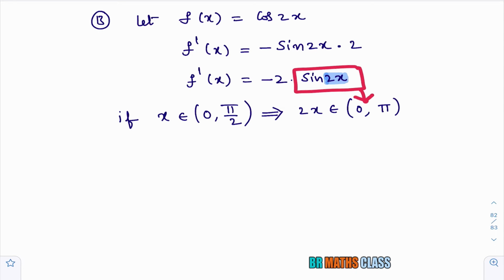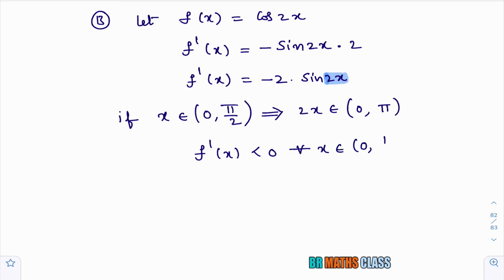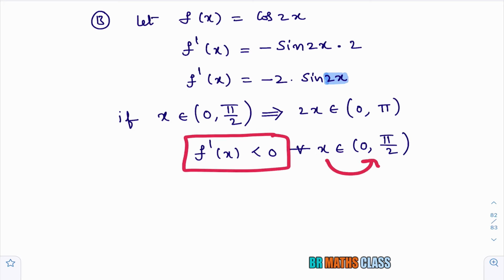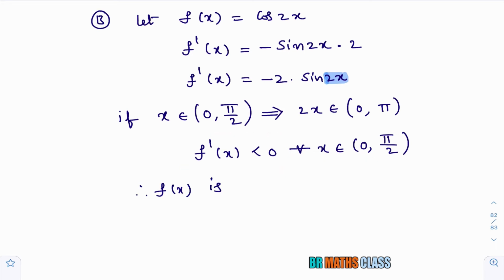As sin 2x is positive, when we multiply a positive number with a negative number, this whole thing will become negative. It can be understood easily. F dash of x is less than 0 for all x belongs to open interval 0 comma pi by 2. As f dash of x is strictly less than 0 for all x belongs to open interval 0 comma pi by 2, I can say that f of x is strictly decreasing on open interval 0 comma pi by 2.